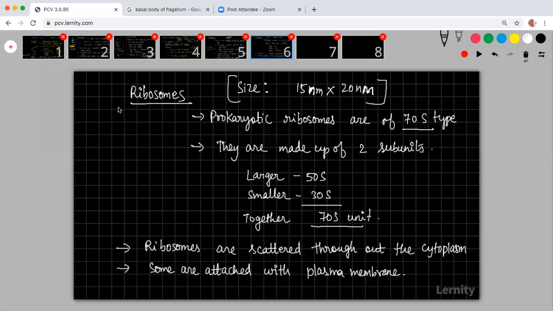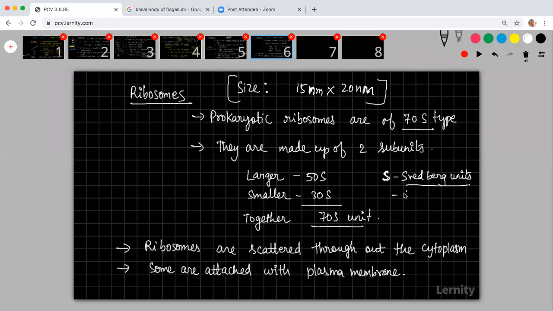Okay, lots of people are saying this is 50 plus 30, which is 80 years. I mean, 70 plus 30 is 80. Please understand this is not addition of molecular weight. This S here stands for Svedberg units.